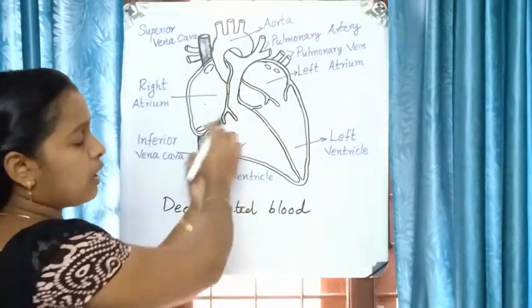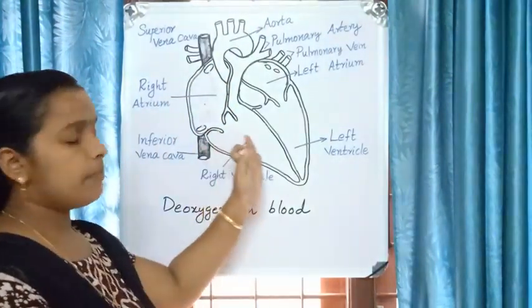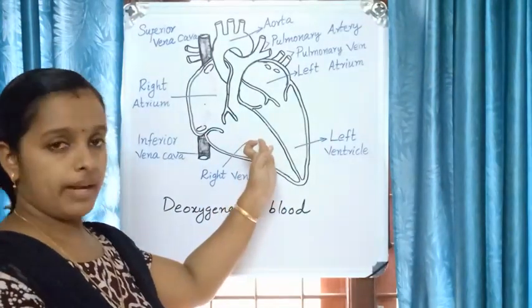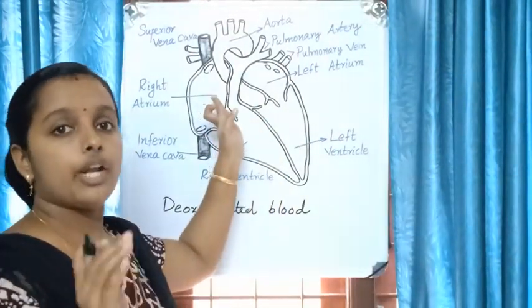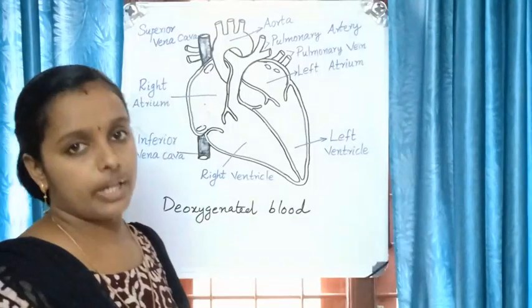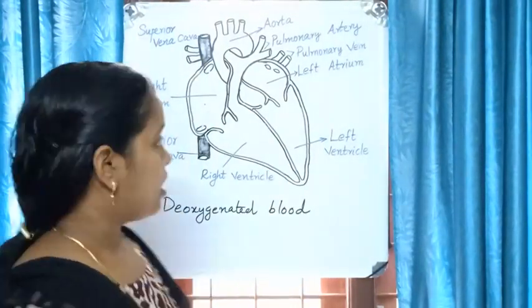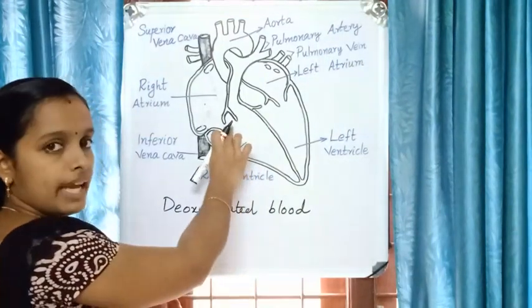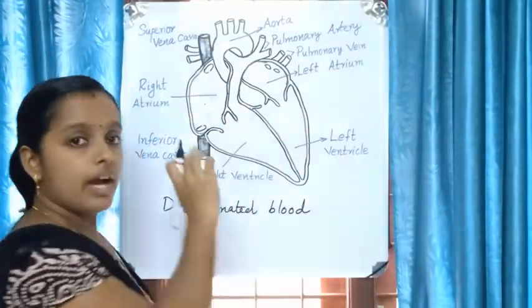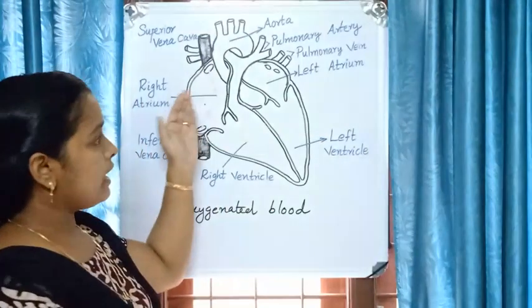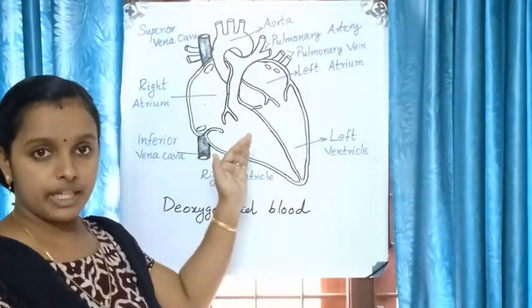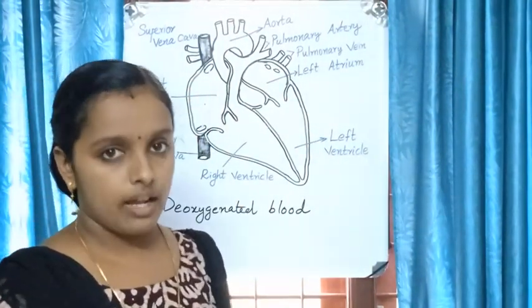This opening will close, so the blood from the ventricle cannot enter into the auricle. That is the use of a valve. So here we can see one valve, and here also another valve. Between the auricle and ventricle we can see valves.